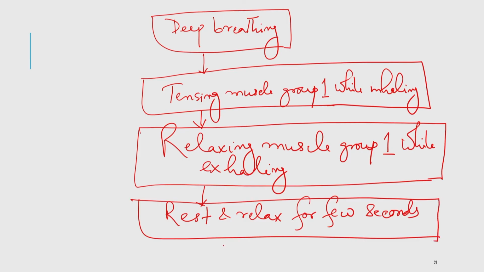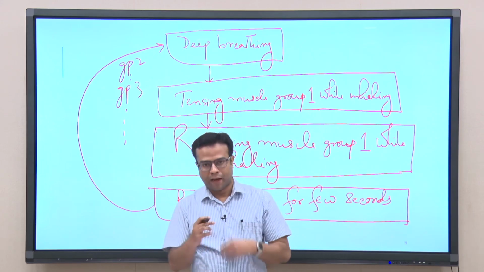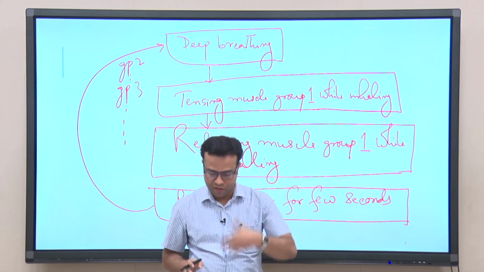This is how you do it for muscle group 1. After that you just repeat the same process for muscle group 2, group 3, and so on. You can repeat the same cycle again and again for different muscle groups. This is how it is done.